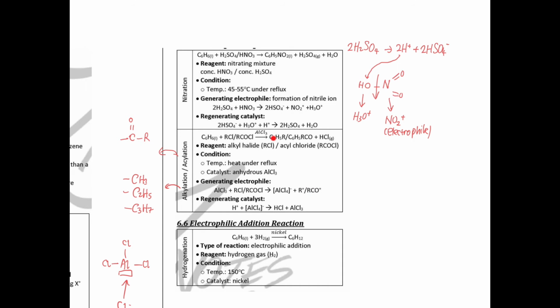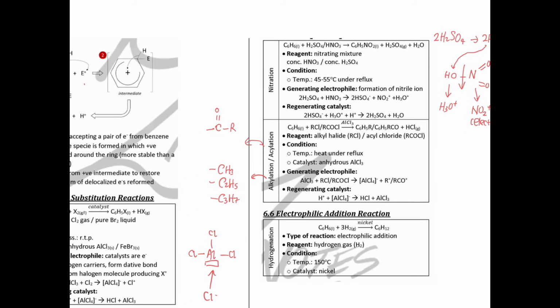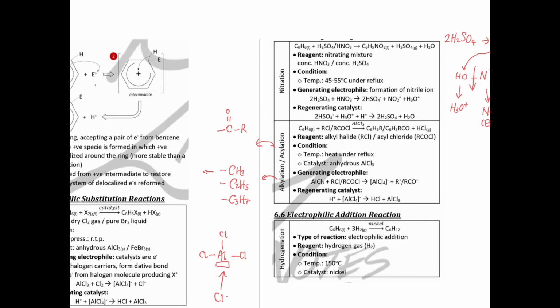So they will form structure like this. If the R positive is attacking the benzene ring, they will form C6H5R. C6H5R is like, for example, okay, let's say I draw it here. If we are talking about CH3, then they will form benzene ring with CH3. So something like that. This part is known as R, and this part is C6H5.